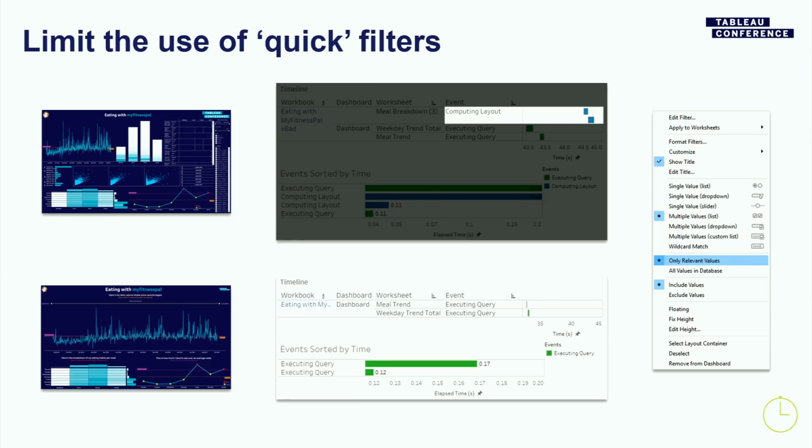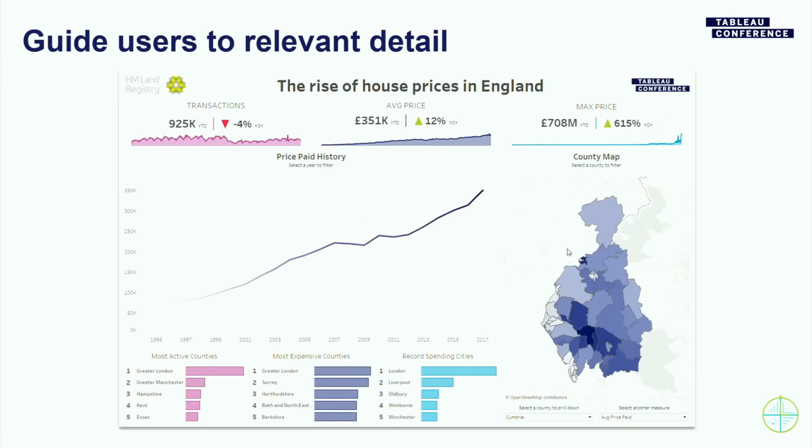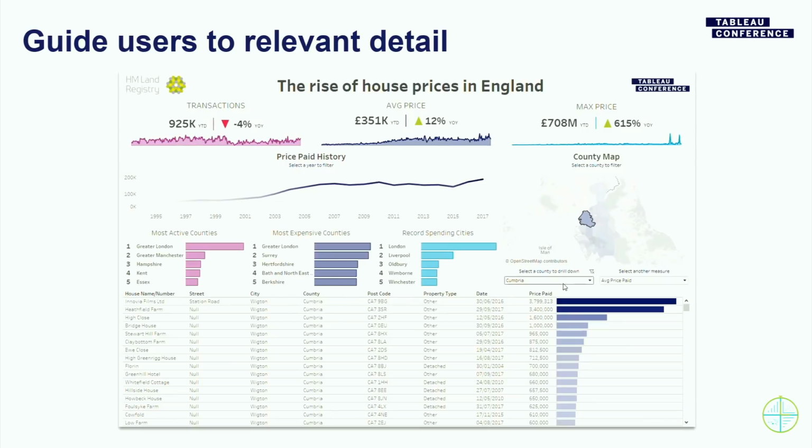If I only select lunch, then the bottom filter will only show the foods I've eaten during lunch. And the fact that this happens in this way means that it'll be computed sequentially and just elongate the total load time of your dashboards. So try to avoid using relevant values if you can. And again, try to use filter actions as a more interactive and more performant alternative if you can.